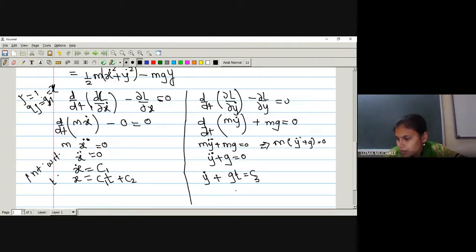And then you can evaluate again. In this way, we have to solve these equations to find the values.